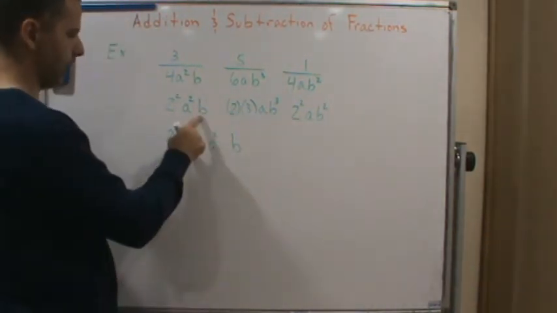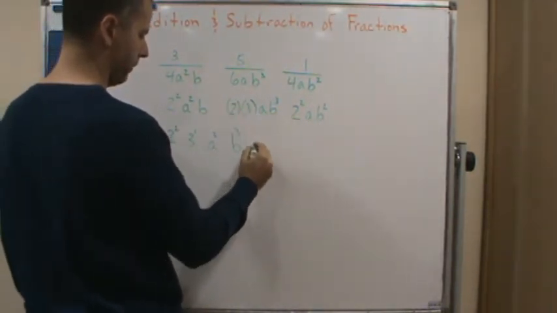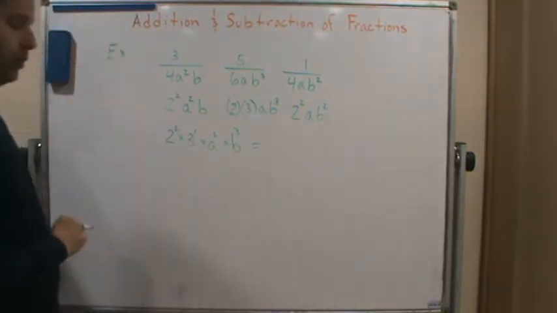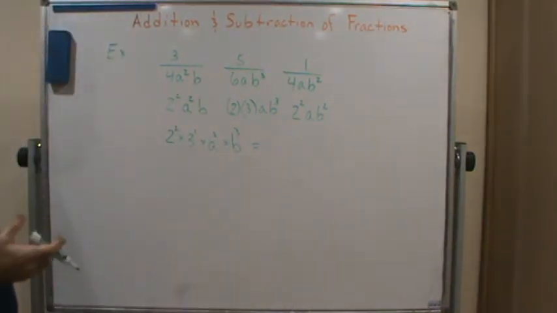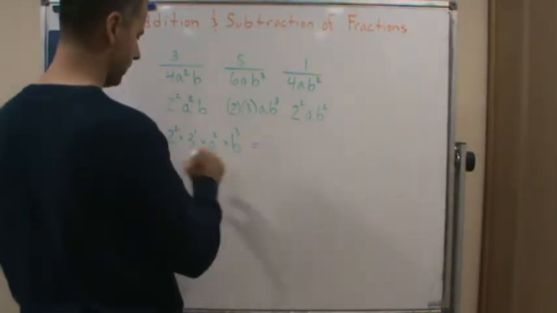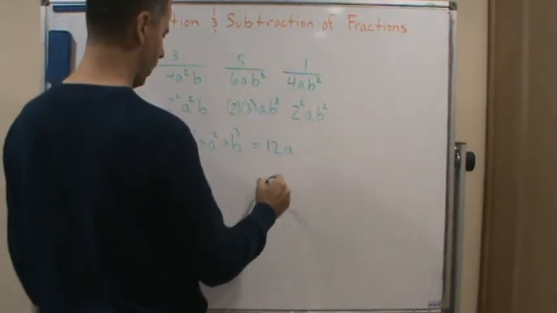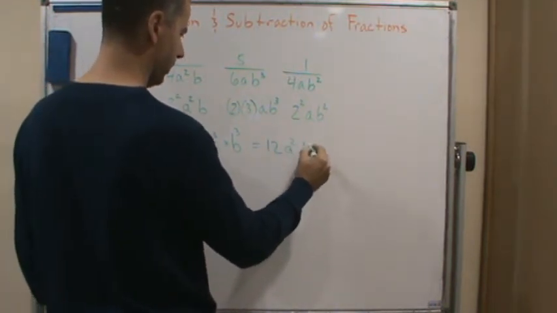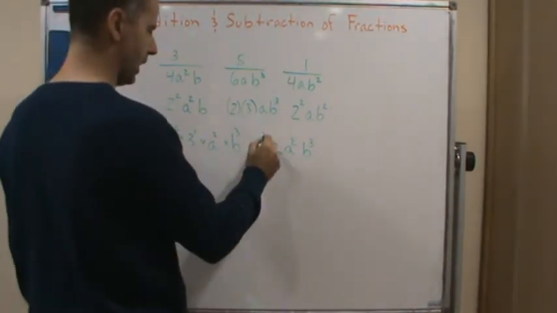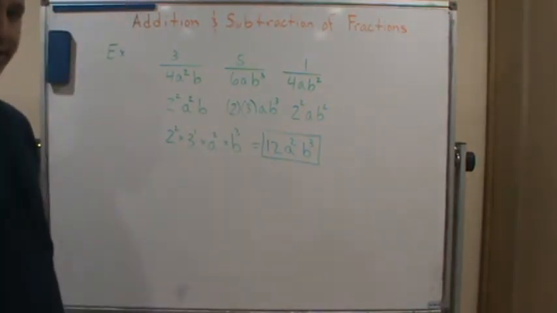And the highest power of B that we find is 3. If we multiply those together, that's going to be our least common divisor. So this is going to be 4 times 3, which is 12. So our answer is 12A squared B cubed. This is the lowest common divisor that we need, the smallest common divisor that we can get.